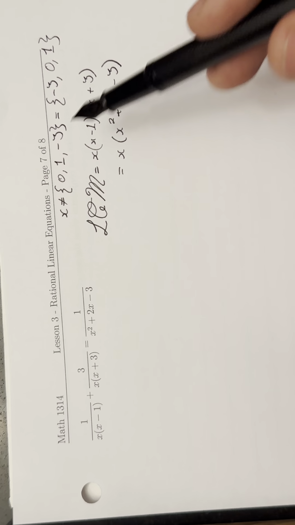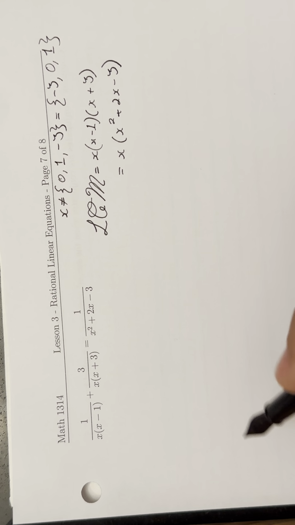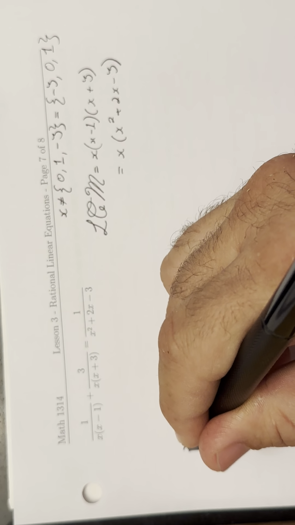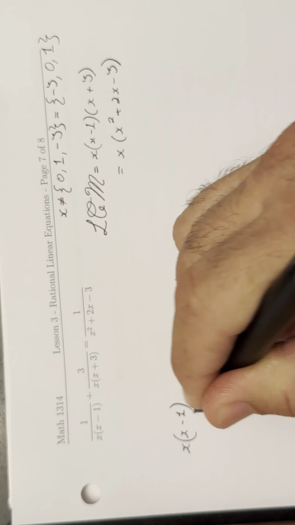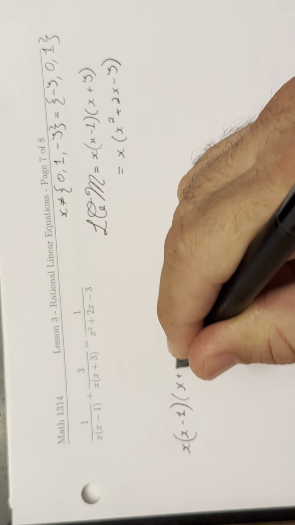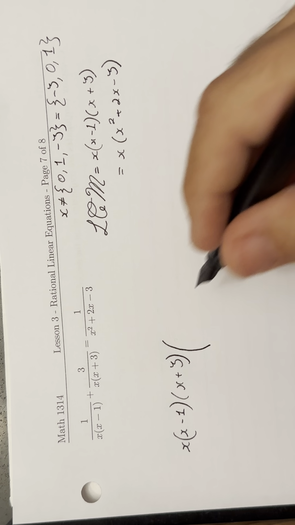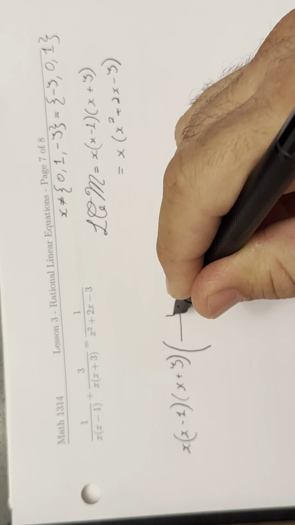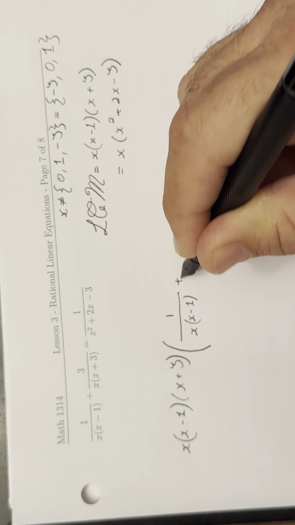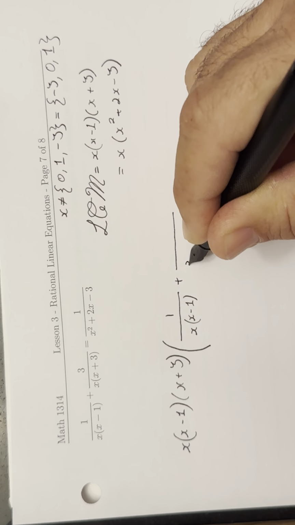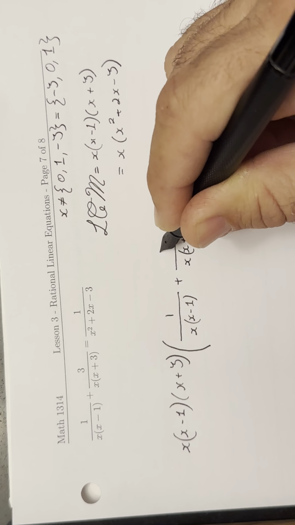And for the left-hand side, I'm going to use this expression. For the right-hand side, I'm going to use this expression. And so we have here x times x minus 1 multiplied by x plus 3. And now we write the left-hand side of the expression. 1 over x times x minus 1 plus 1 over x times x plus 3 over 3.